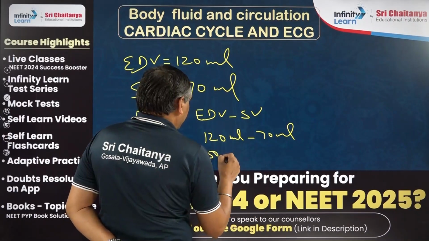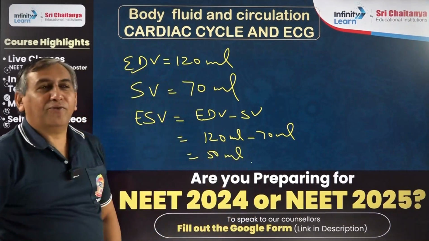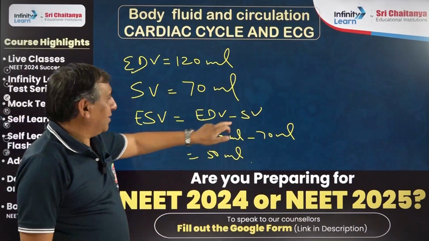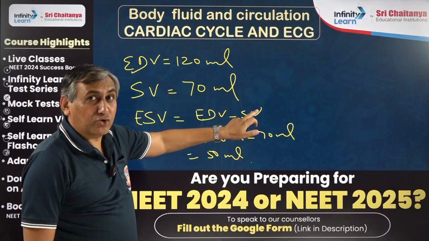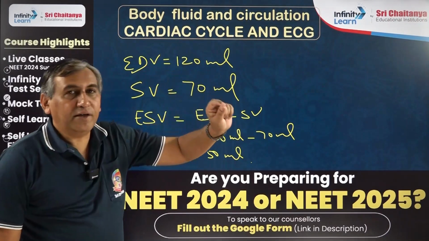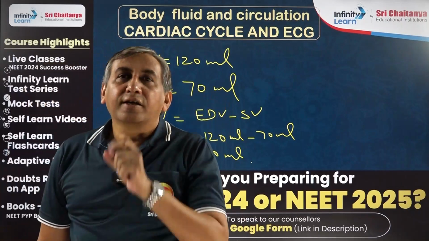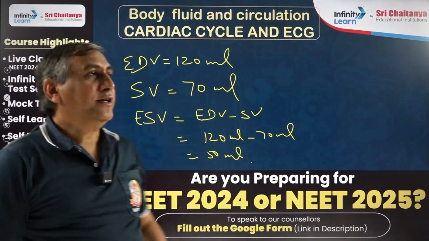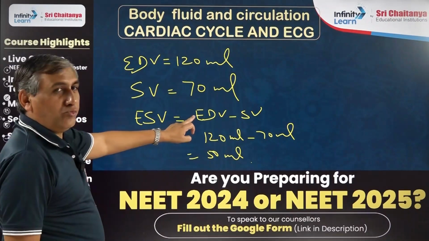So 50 ml. The examiner will frame a simple question based on it. There is one term, stroke volume. What is stroke volume? The amount of blood which comes out from the heart in one heartbeat, not in 1 minute, in one heartbeat.